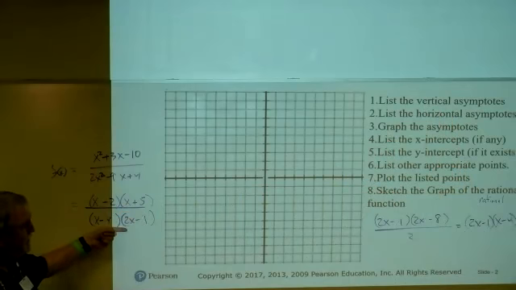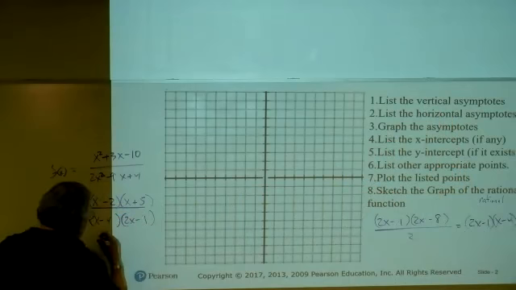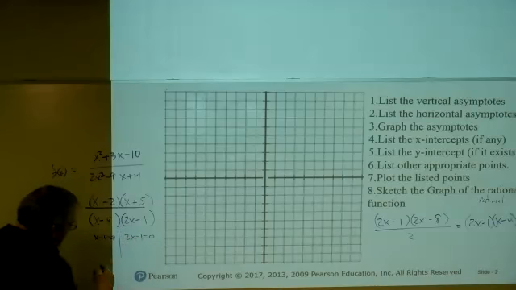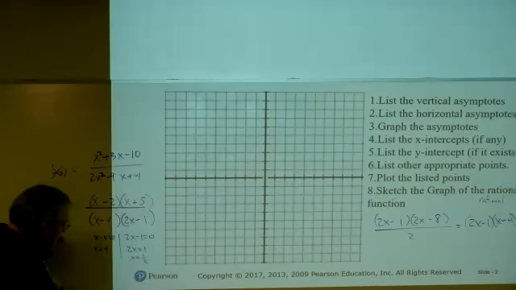Wherever the denominator is 0, the function does not exist. So we set each of these factors equal to 0. We get x equals 4 and 2x equals 1, or x equals a positive 1/2.